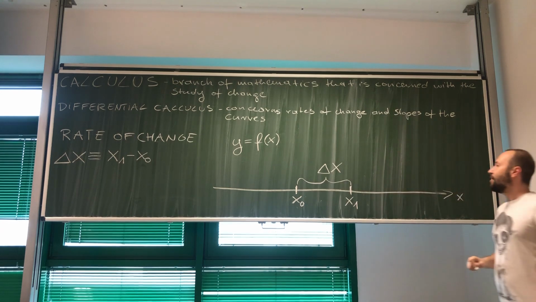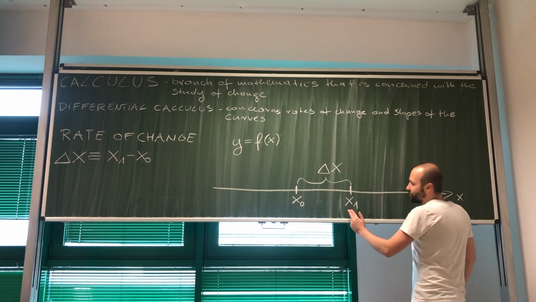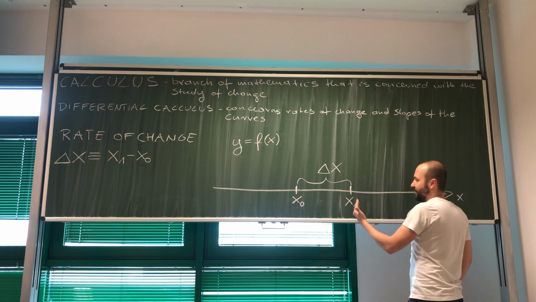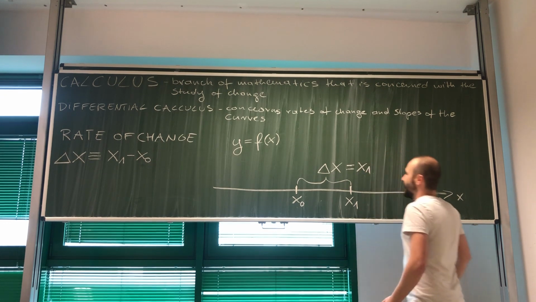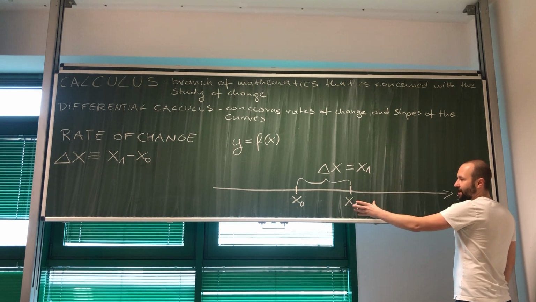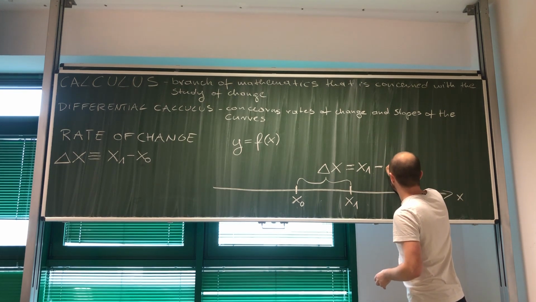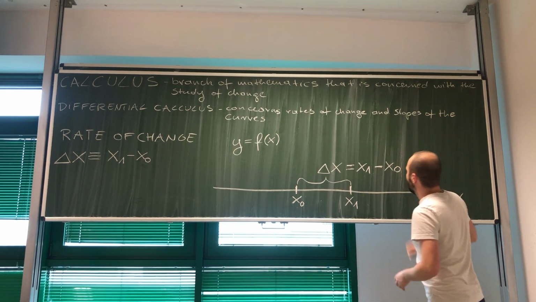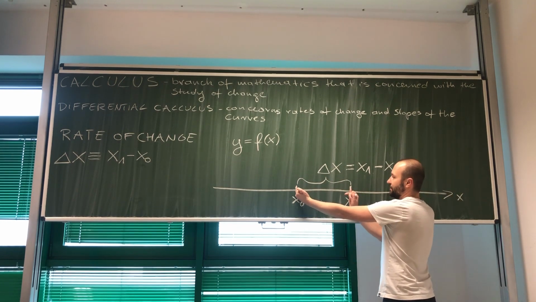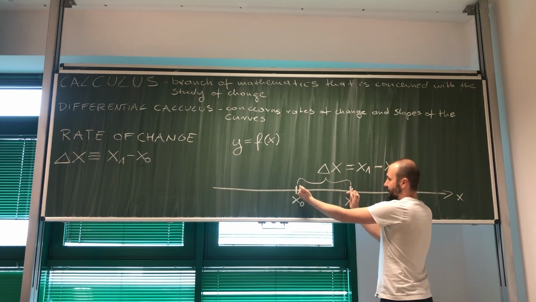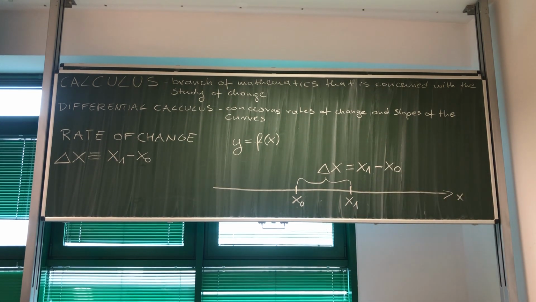And how can we calculate this delta x? We can get it right away. If I take the bigger value, x1, and then subtract from it the smaller value, x0, I'm going to get the size of this distance, and it will measure by how much x has changed.